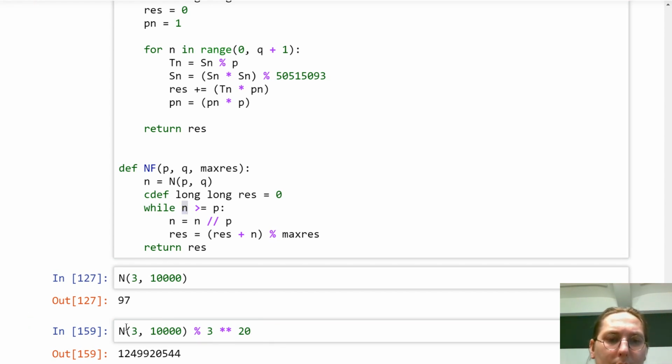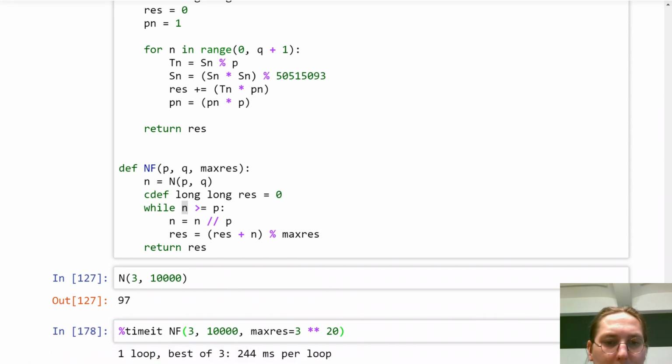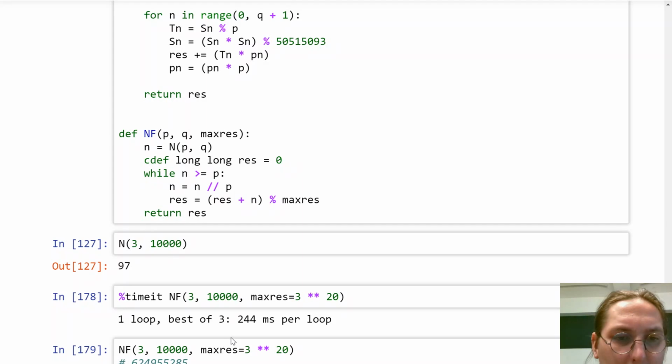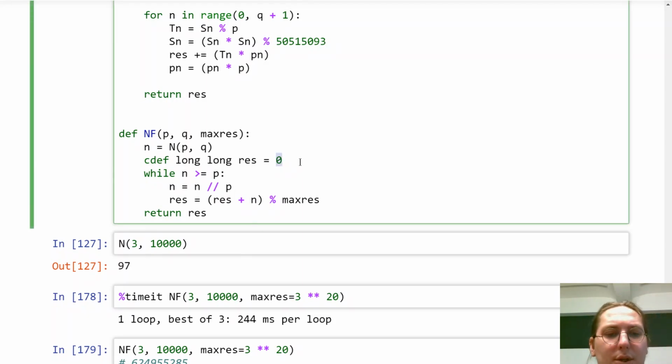Okay. Let's see. I think this one wouldn't change. We only make improvements to the N. Okay, this is still significant enough for us to use as a measurement, I think. So you want to have this be 20, I guess?